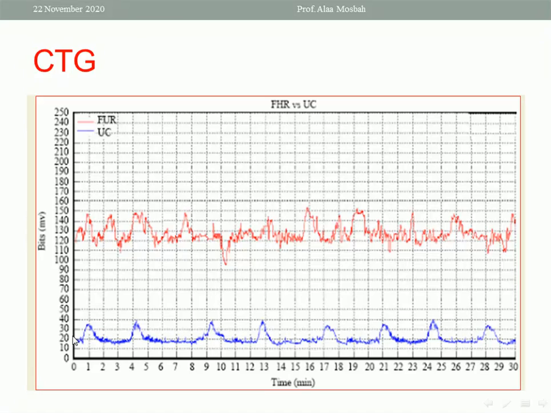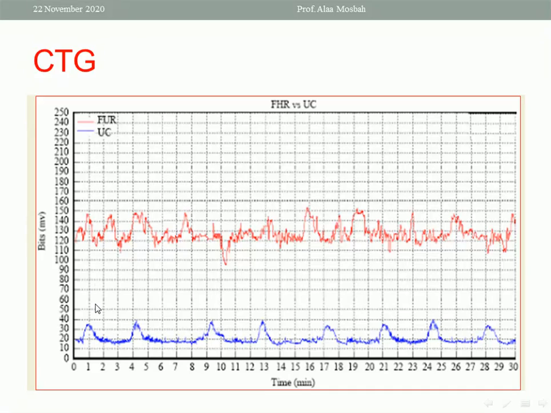So we understand now that this blue one is about uterine contraction, and we found here 3 peaks of uterine contraction in the first 10 minutes, and so on. You can calculate every 10 minutes how many contractions. Also, you can see the changes in the fetal heart pattern during uterine contraction.